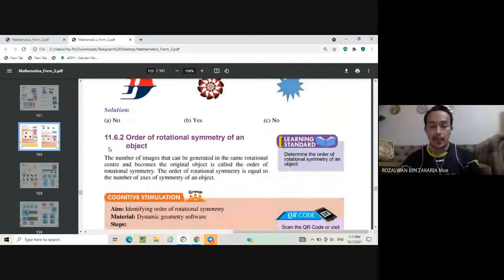The next one, subtopic 11.6.2, order of rotational symmetry of an object. The number of images that can be generated in the same rotational center and become the original object is called the order of rotational symmetry. The order of rotational symmetry is equal to the number of axes of symmetry of an object.